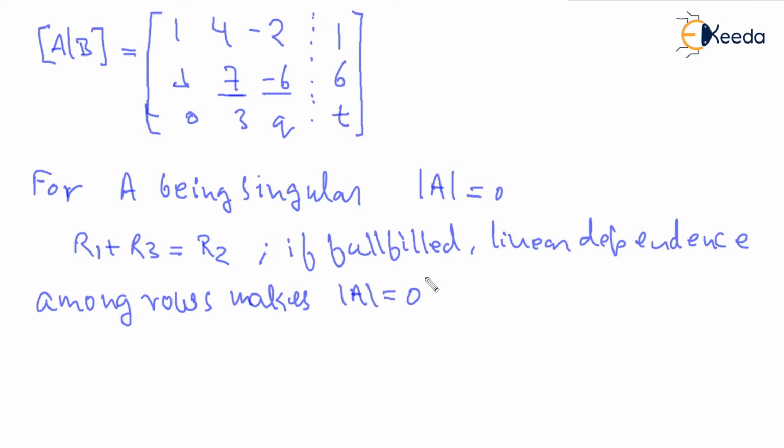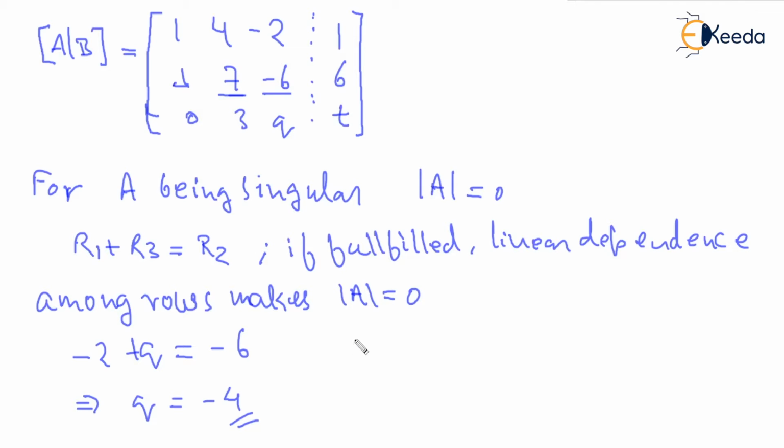So we have already made the observation in column 1, 1 plus 0 is 1, 4 plus 3 is 7. So we want minus 2 plus q to be equal to minus 6, and that gives q equal to minus 4. So if q is equal to minus 4, the system will be singular.